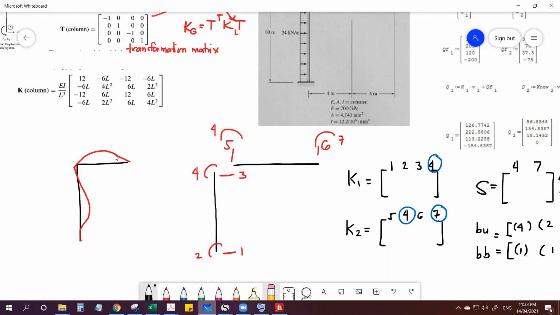By the way, I think this should be corrected. It might be something like this, because we have a vertical load here.